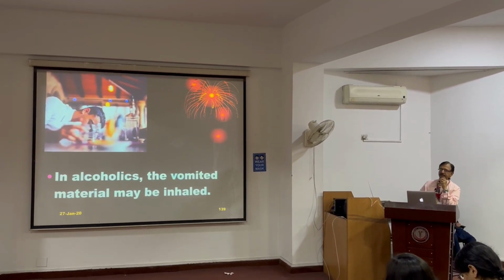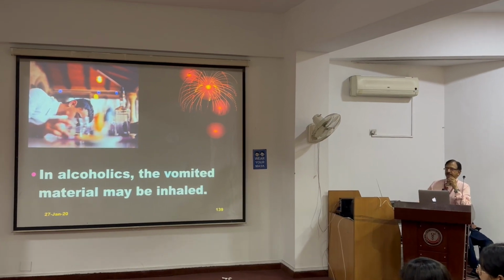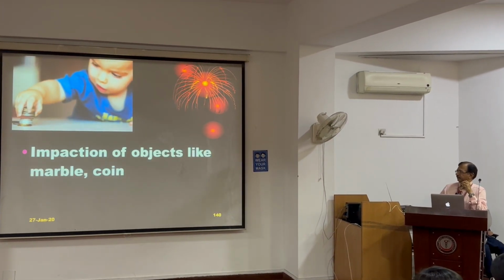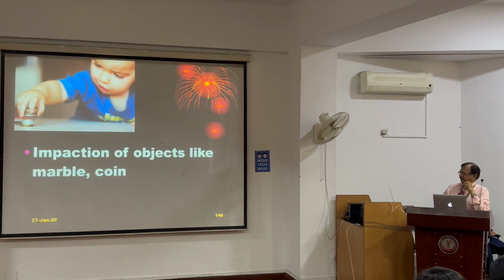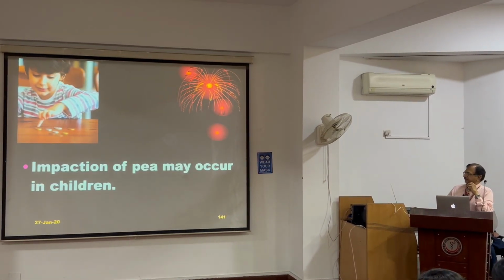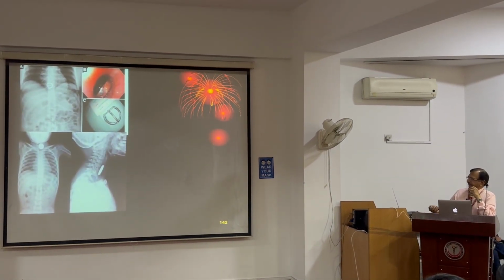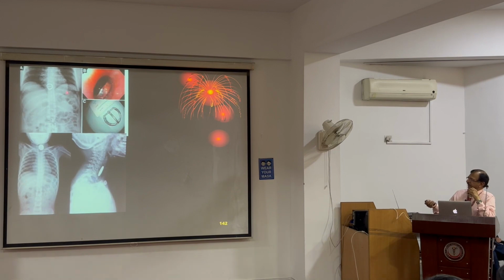And similarly in alcoholics, they can inhale their vomitus. And in children, usually pebbles, marbles, coins or peas. And these are various objects which were found at autopsy. They were recovered. This is a coin, this is a buckle.